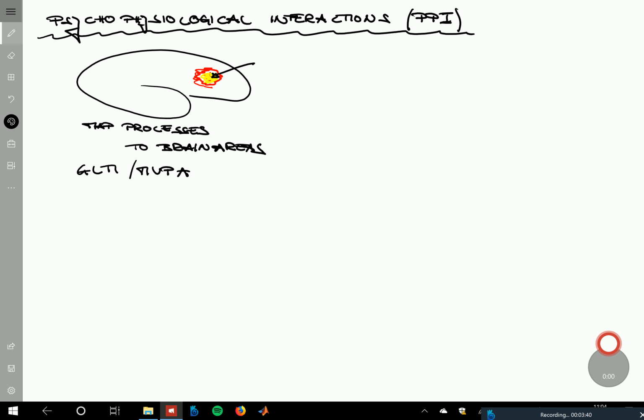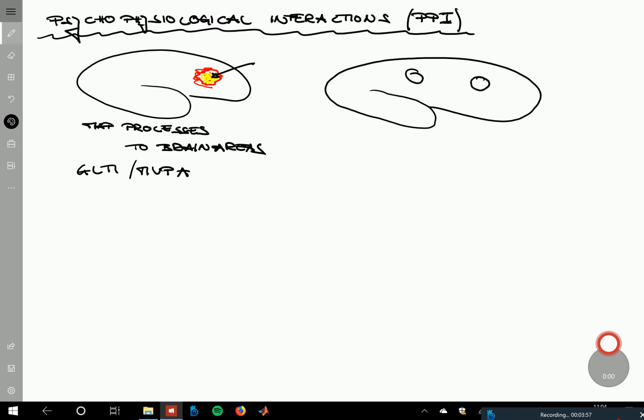Now, psychophysiological interactions and also DCM analysis that we will discuss in the summer term are trying to say something about how brain regions interact in a cognitive process dependent manner.